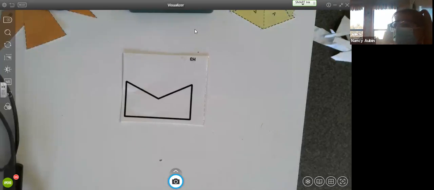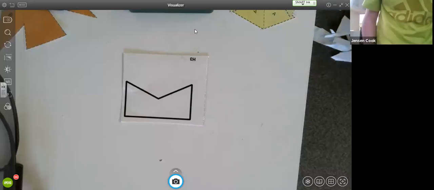If your shape has an acute angle, smaller. Jensen, do you think you're standing up? Yes or no? Unmute. Acute is smaller than 90 degrees. Jensen, are you standing up? Can you unmute? What happened to Jensen?